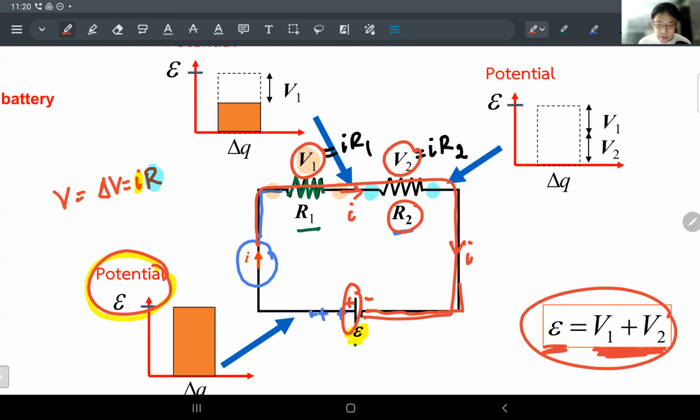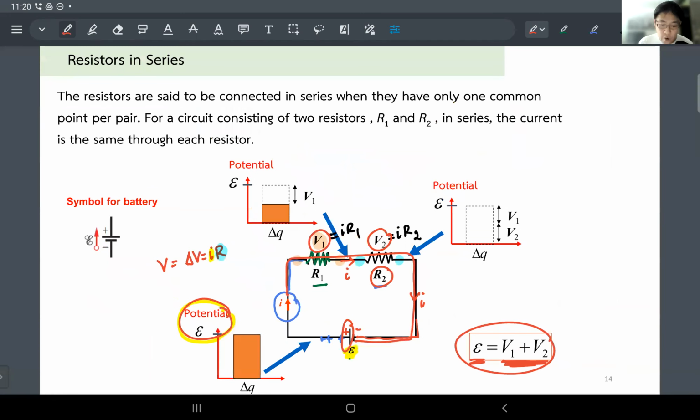All right. So this is just how you utilize your Ohm's laws, and you just put them in the circuit and combine this with the conservation of energy. So you start with the pump of this much. So you give your charge this much energy, but once it faces the first resistor, then you lose V1 of the energy. When you face the second resistor, you lose another V2 of energy, and now you lose everything.